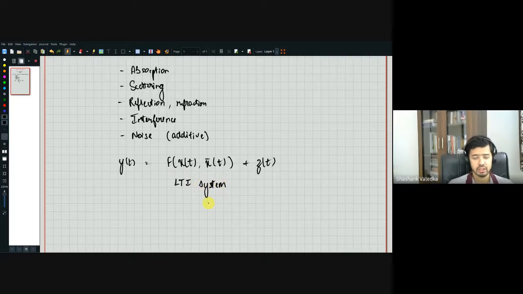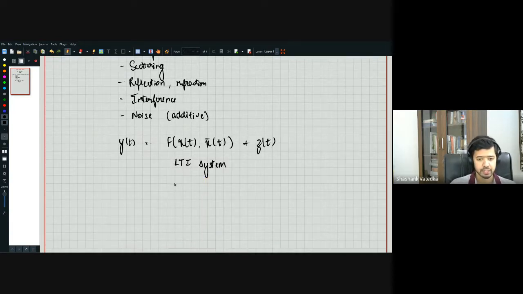So it's a linear time invariant system, and for most wireless channels, this is a reasonable enough approximation. Okay, but let's see what other challenges wireless channels pose as compared to other kinds of channels, and what exactly we mean by fading, right?